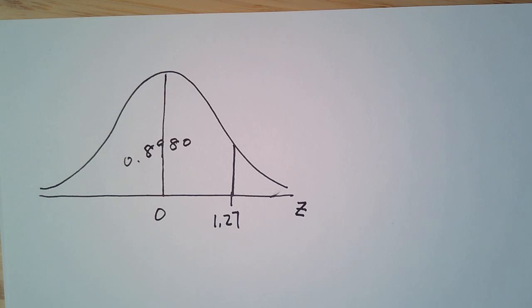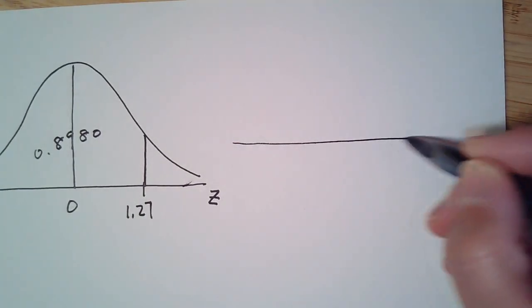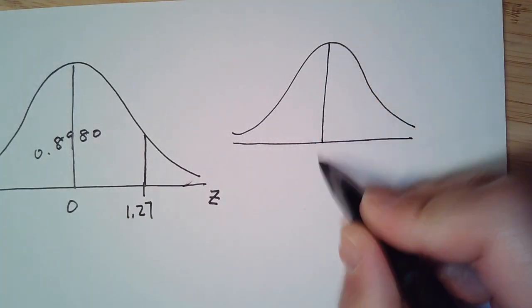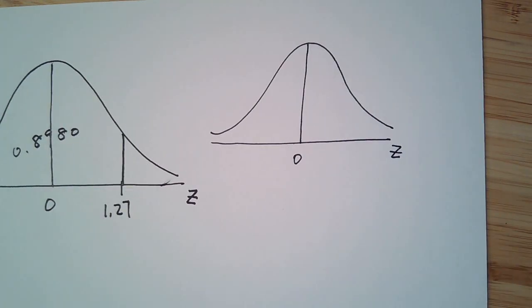Now we're going to use the same bone density test to find the probability that a randomly selected person has a result above -1. So again, this is a z-score, right? So here's a 0 and here's a z. I always do this when I do normal.